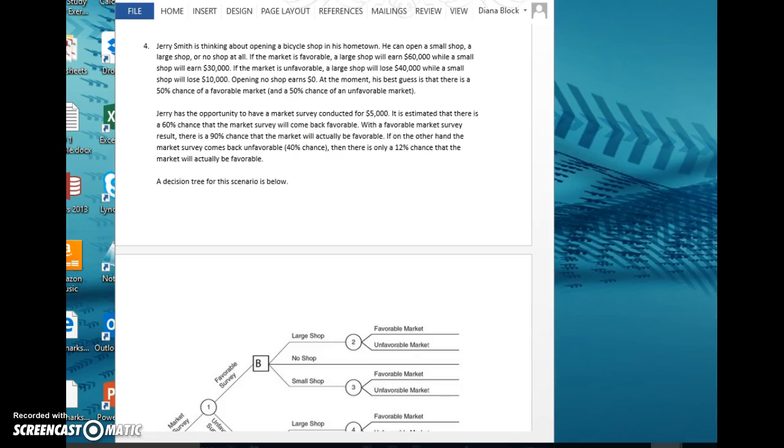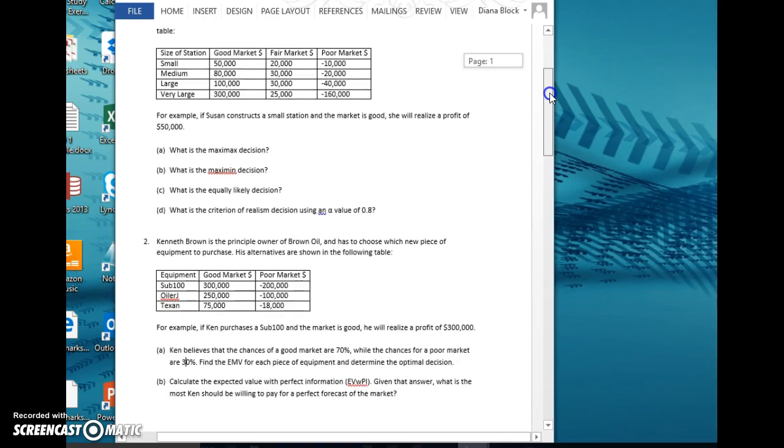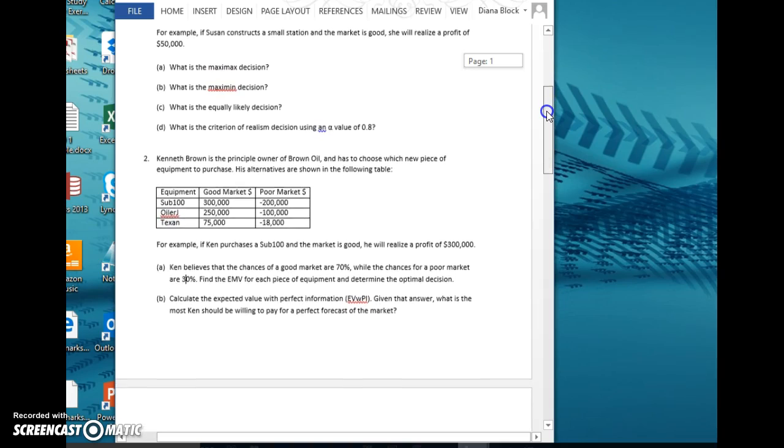Let me go back over it. You're going to look at the concepts of maximin, maximax, equally likely, criteria of realism. That starts about page 67 of the textbook. Then you're going to do some calculations of expected monetary value and EVWPI, which is expected value with perfect information.